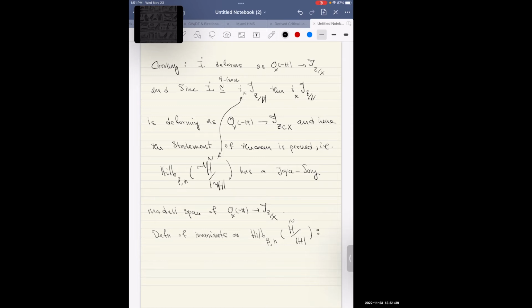So suppose that H1 of X, O_X is vanishing. This is our assumption. And beta, n and H satisfy the ampleness assumption as before.